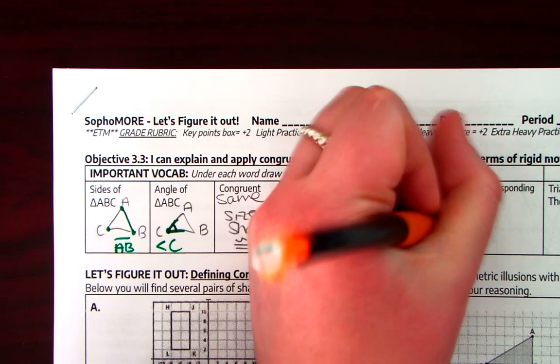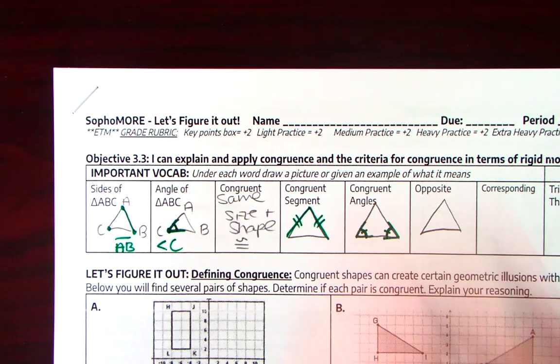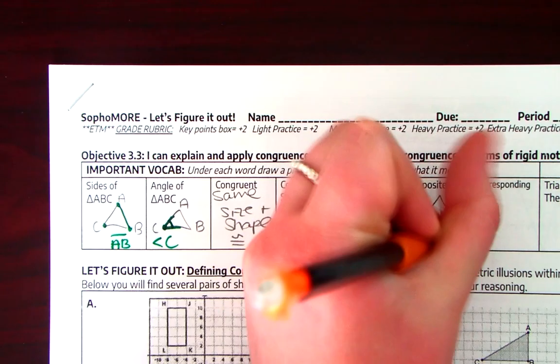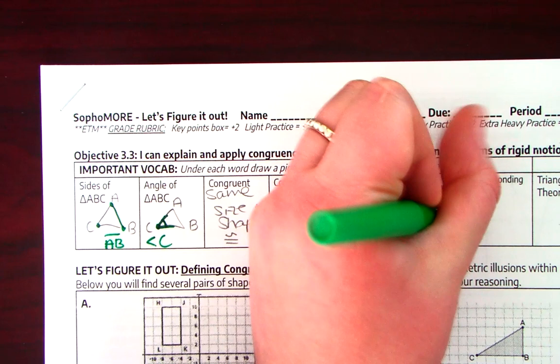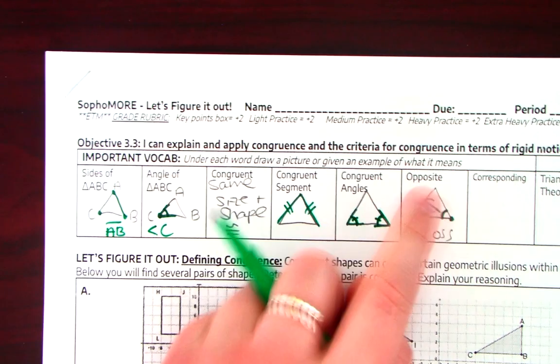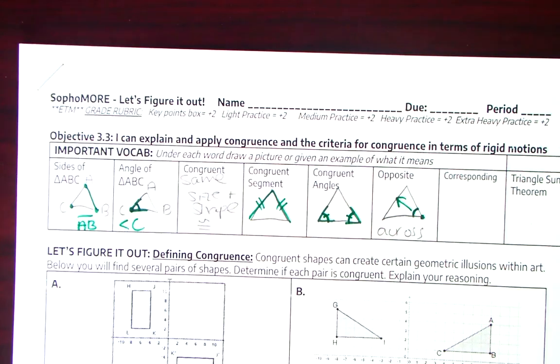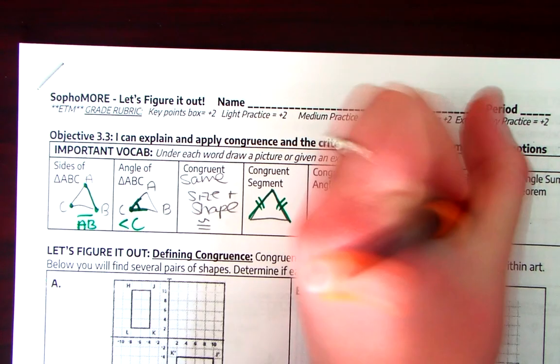Okay, opposite refers to across from, and in triangles we do a lot of this. If we're at one of these corners, which side is across? You can use the arrow to help yourself see that. Corresponding means matching.